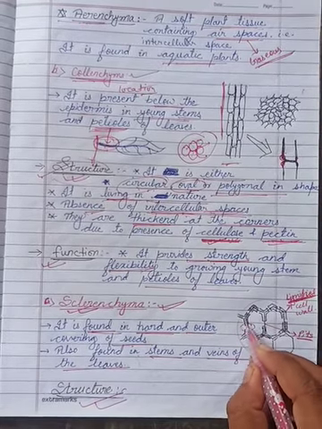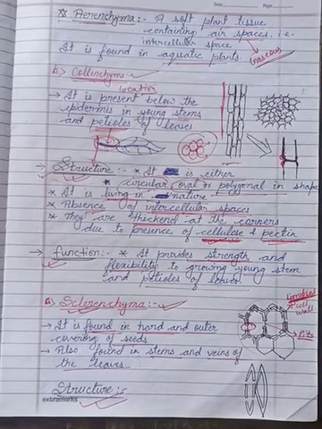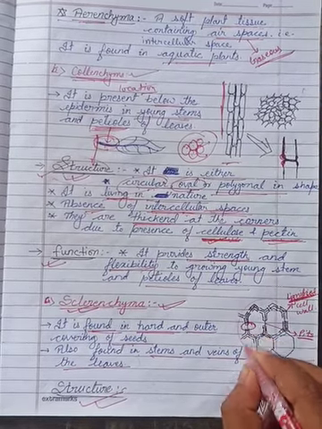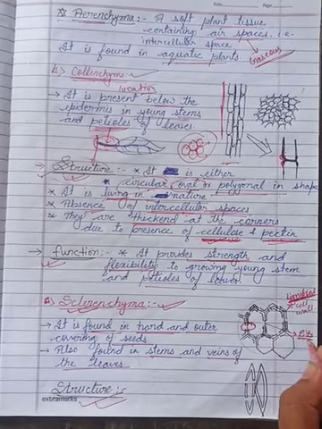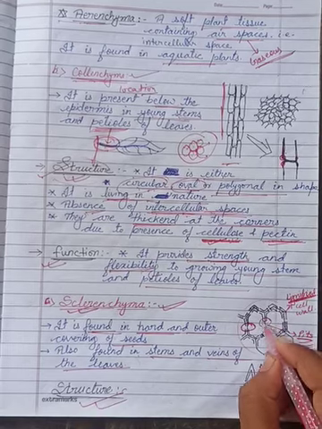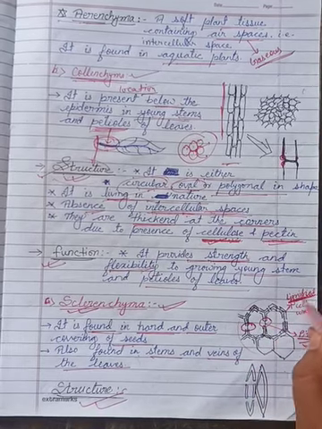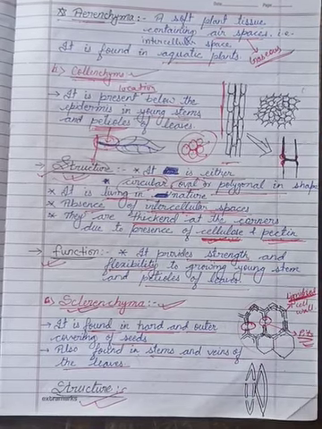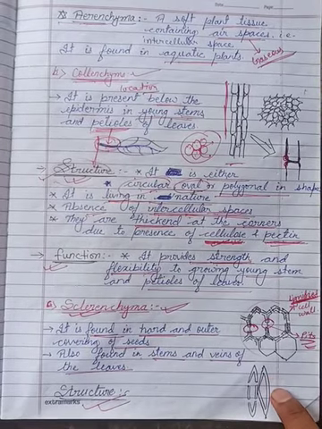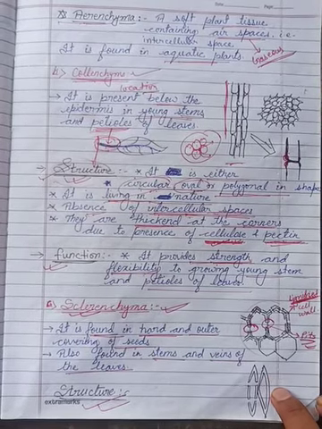Somewhere, some part where the lignin is not found, that means where the lignin is absent, that point is called pits. Is it clear? Here it is pits where the lignin is absent. It is another type of sclerenchyma cell or structure.